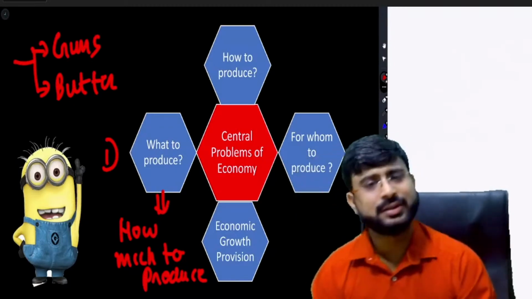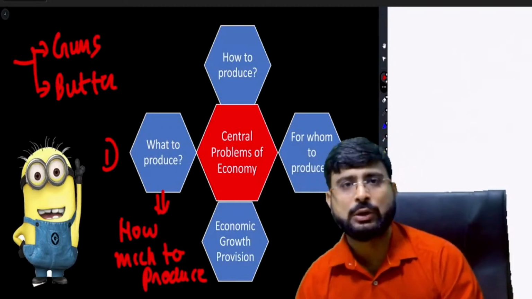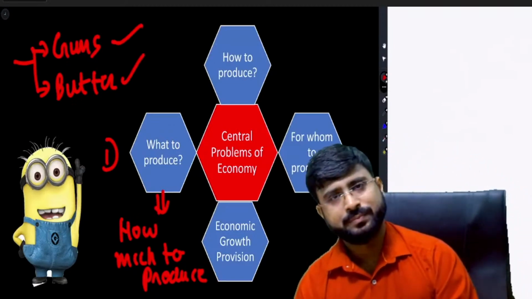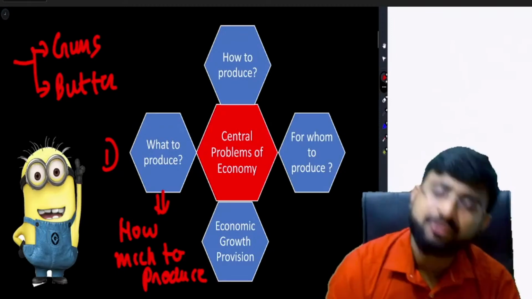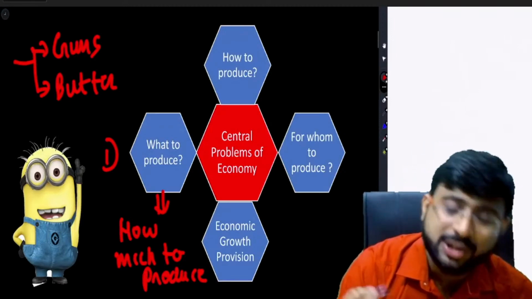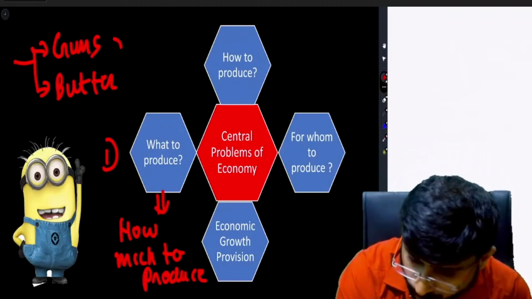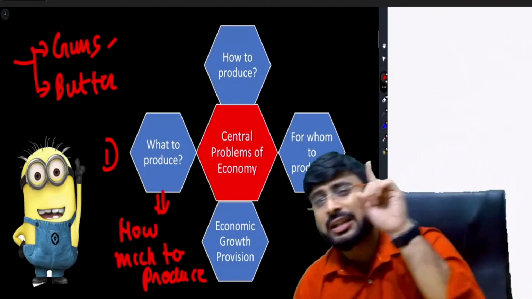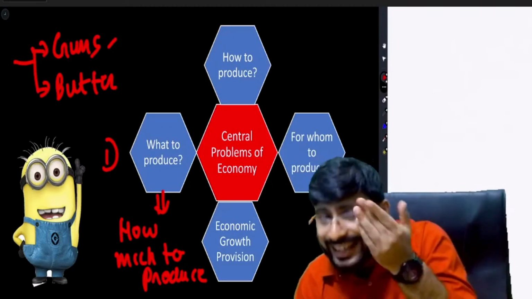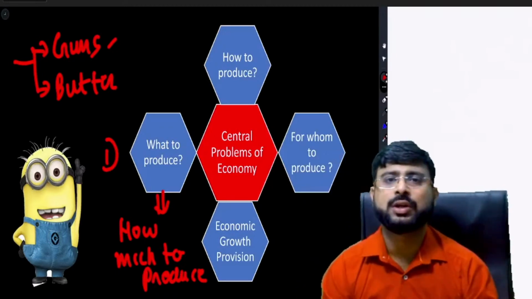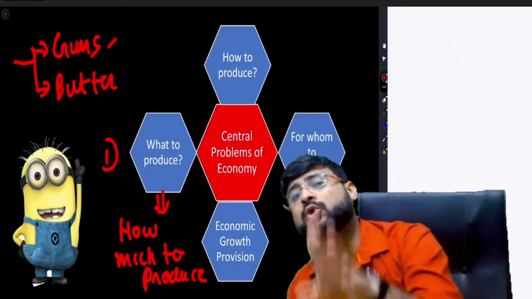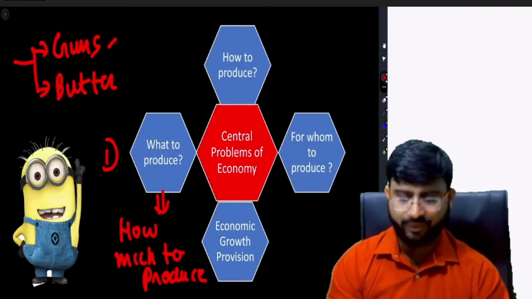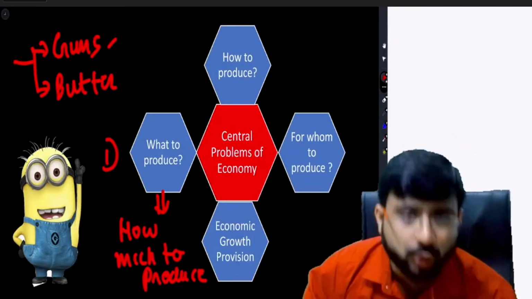So problem number one is, what do we produce? Should we produce guns or should we produce butter? And if we produce both, then how much will we produce? Will we manufacture more guns than butter, or more butter than guns? This is the number one problem in an economy: taking a decision as to what to produce and then deciding how much to produce of that unit. What to produce and how much to produce.